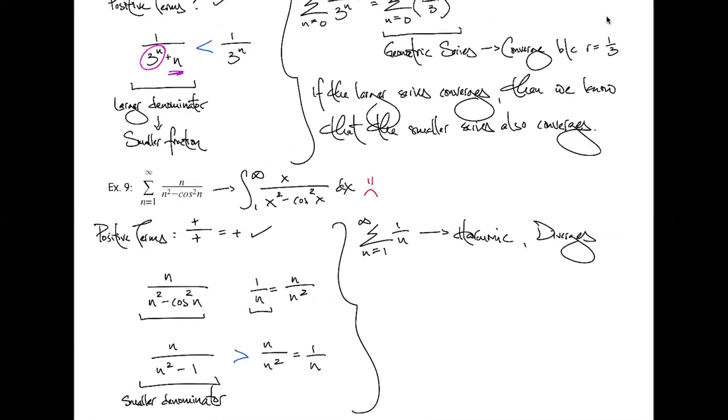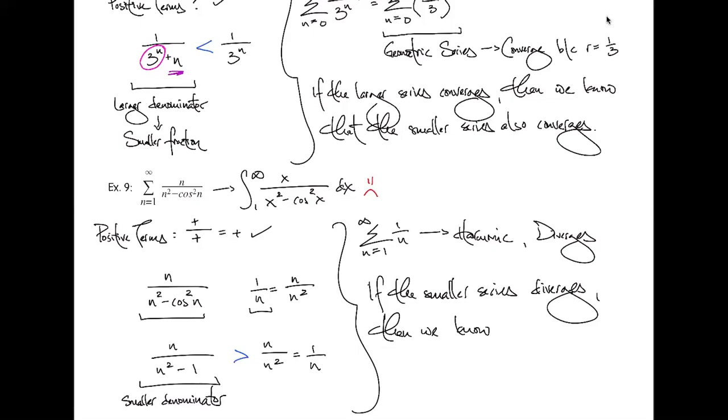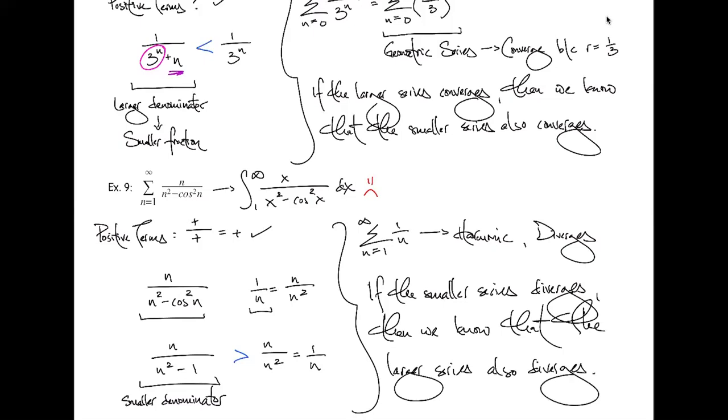So we can sort of flip-flop this statement we wrote earlier for a situation where it's converging to say something like this. If the smaller series diverges, then we know that the larger series also diverges.